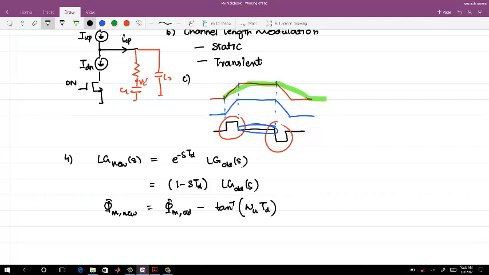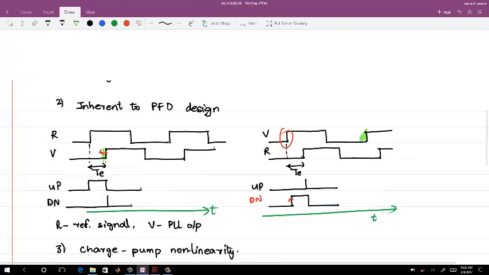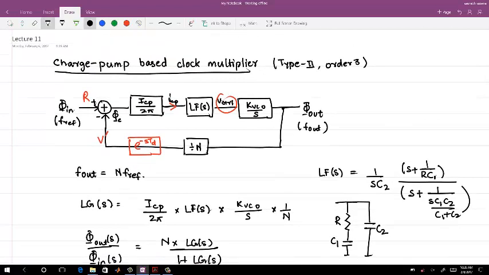That means if there is only this delay, the locking case should always be zero phase error, because even if you maintain any DC voltage here, you have to keep correcting for the DC voltage, otherwise your frequency is just going to go high.